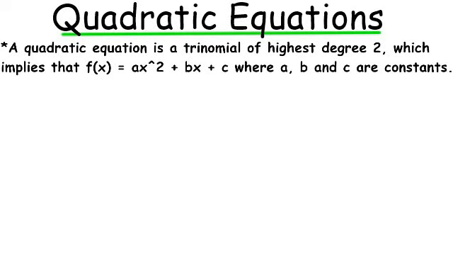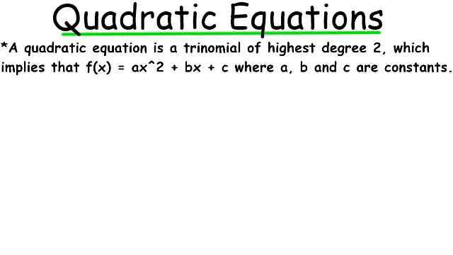A quadratic equation is a trinomial of highest degree 2, which implies that if f of x is equal to ax raised to the power of 2 plus bx plus c, where a, b, and c are constants.